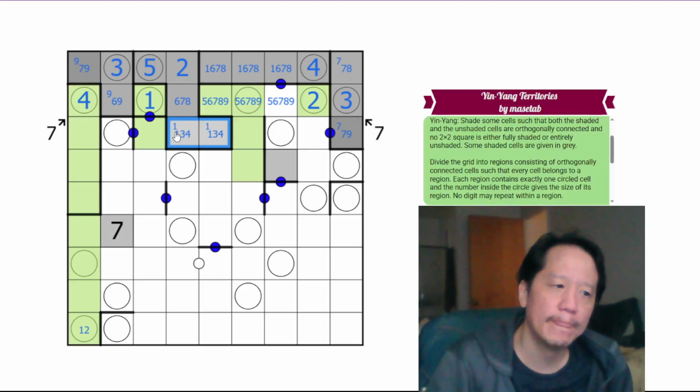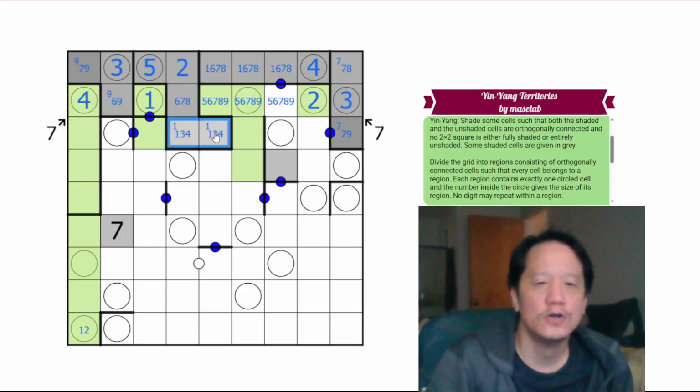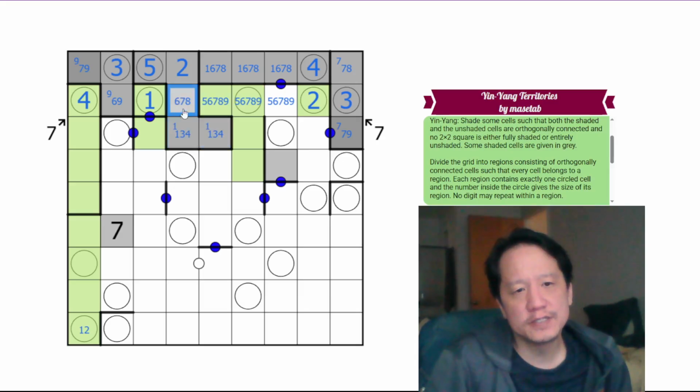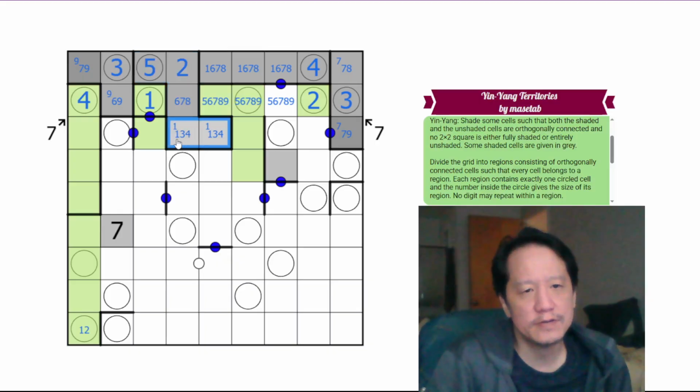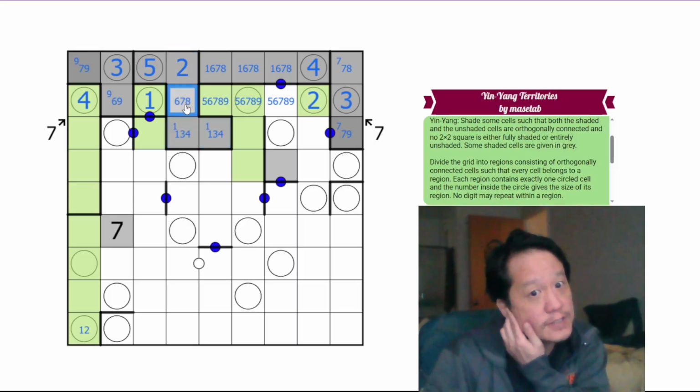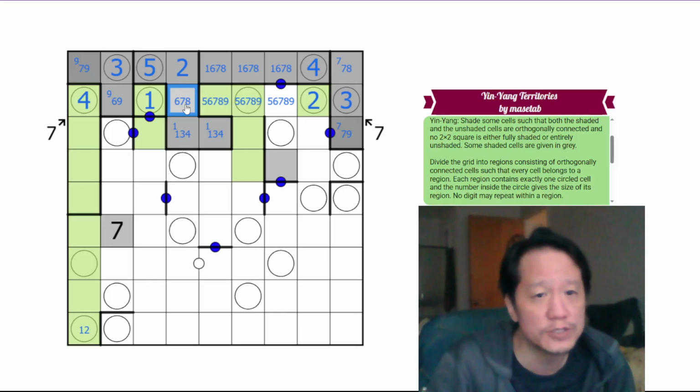So it could be 3 and 8 adding up to 11, which would make that 19. 3 and 7 adding up to 10, which make that total 18. Or 4 and 7 adding up to 11, which makes that total 19. 4 and 6 adding up to 10.